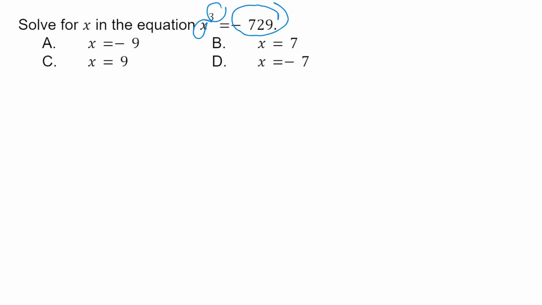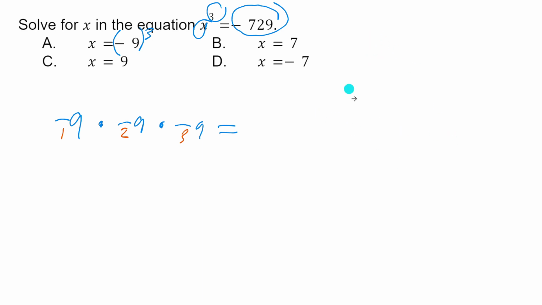So let's say we have here the negative 9, and then you cube it. What does it mean? Negative 9 times negative 9 times negative 9, this is for letter A. How many negative signs do we have here? 1, 2, 3. There are 3 negative signs. And if there are 3 negative signs, what should be the answer?